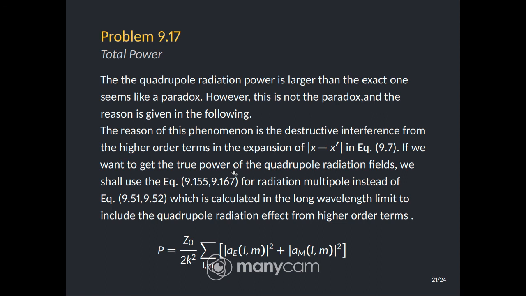The total radiation power P can be expressed in the following form: Z0 divided by 2k squared times the sum over all modes of the electric multipole coefficients squared plus the magnetic multipole coefficients squared.